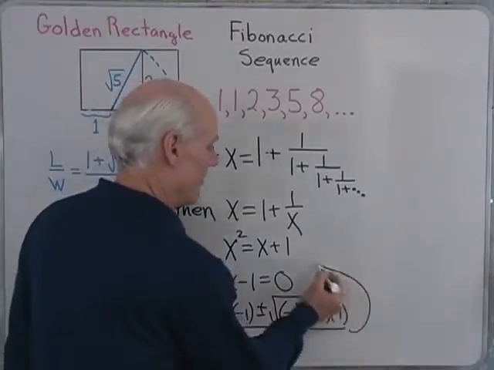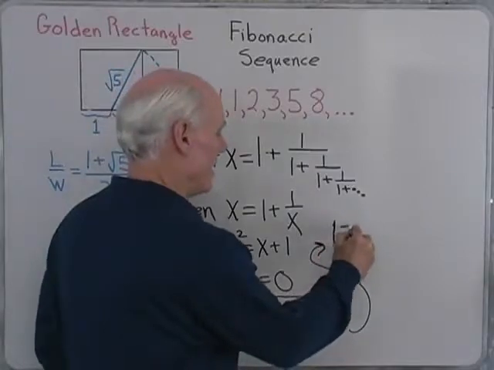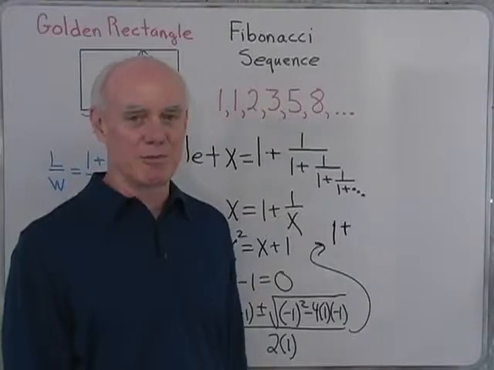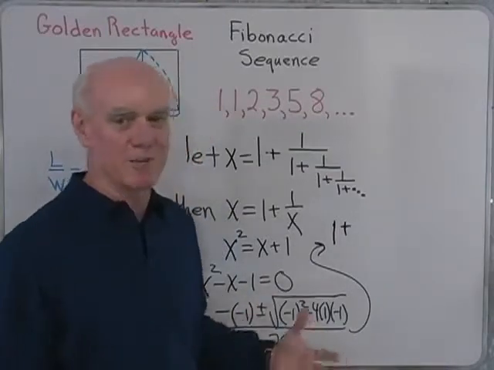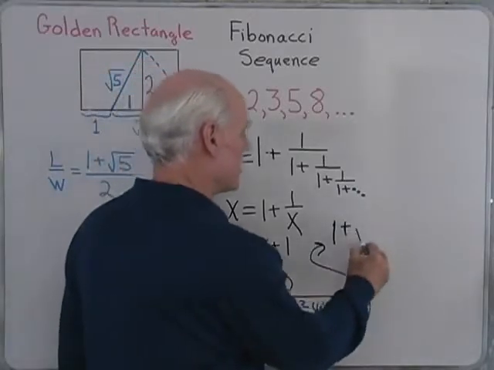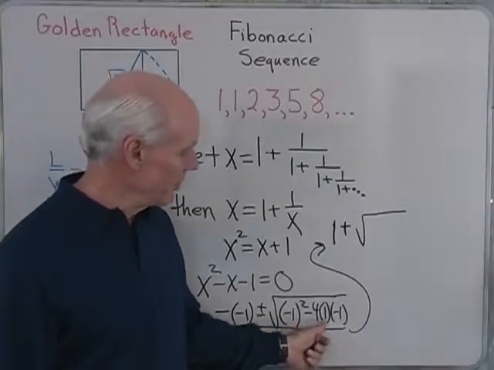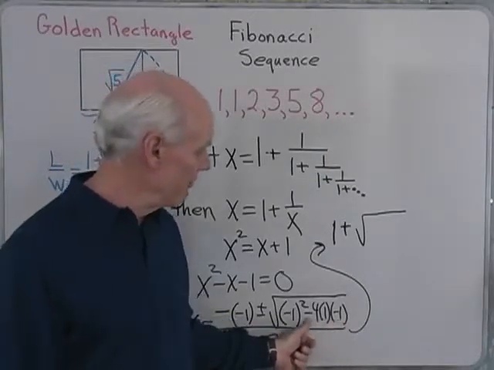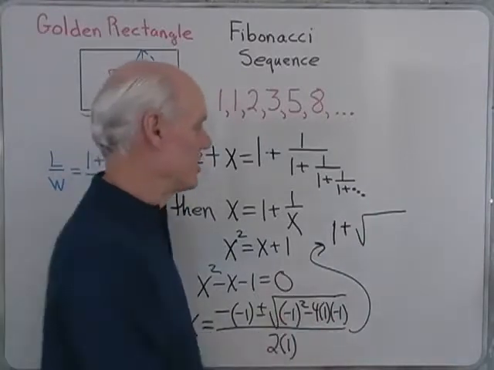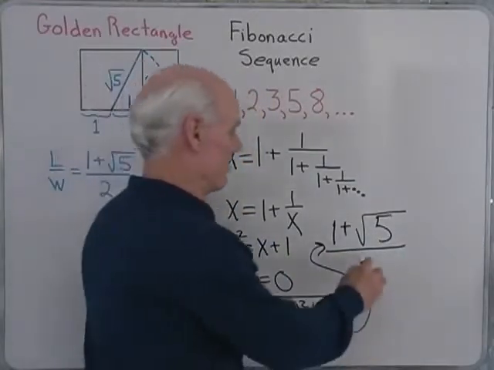I'll have the opposite of negative 1, that's just 1, plus or minus, but look, this is all just a string of positive terms, so it's not going to be 1 minus something, it's going to be 1 plus something. So I'm just going to drop off the minus sign. 1 plus the square root of negative 1 squared, which is 1, minus 4 times 1 times negative 1. Well, negative 4 times 1 times negative 1 is positive 4, plus positive 1 is 5, all divided by 2 times 1, which is 2.